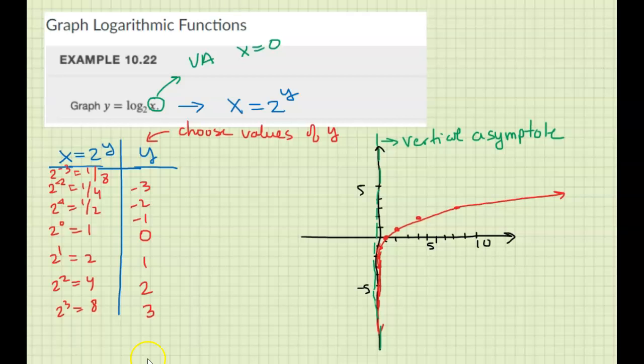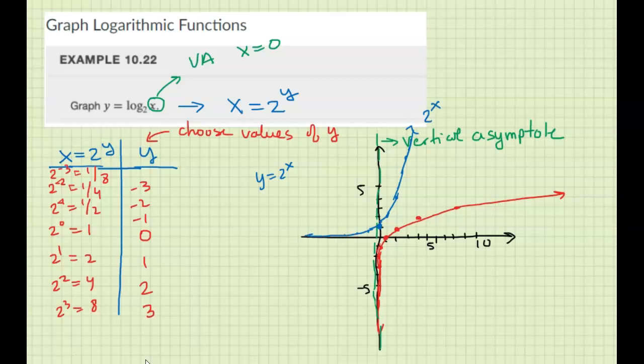If I graphed y equals 2 to the x, then it will look like 0, 1, 1, 2, 2, 4, 3, 8, and then a half, a quarter, an eighth. So it will look like this.